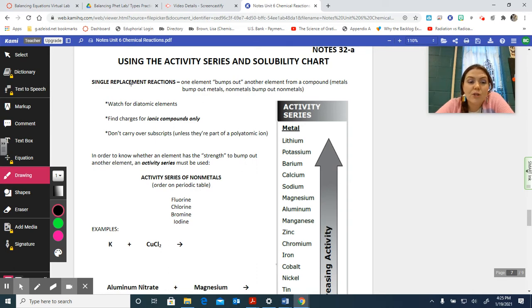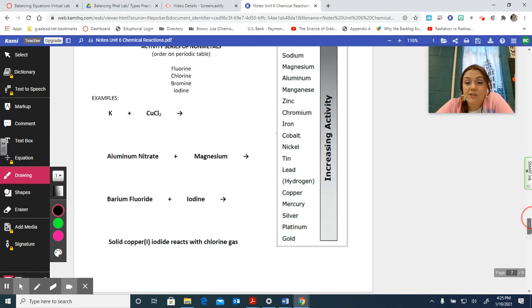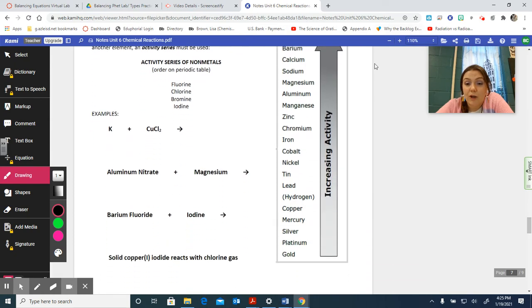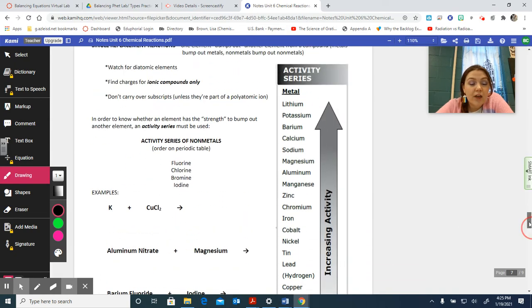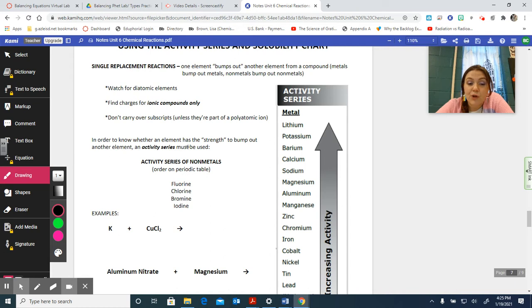How we know is it says using the activity series and solubility chart. Tomorrow is the solubility chart. Today is the activity series. We are just using this little activity series diagram here, this arrow box. This is your activity series for non-metals, just this little list. You have this list for non-metals, and you have this bigger list for metals, and that's the activity series we're going to use.